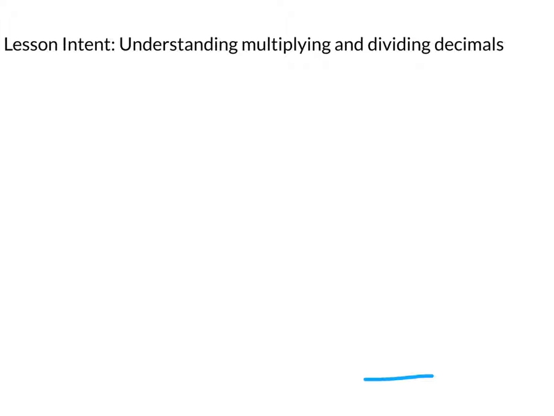Okay, so now we're going to move on to dividing decimals. So let's start with a problem of 26 divided by 2.5. Okay. So how we would write this would be 2.5 dividing 26. But we need to get rid of this decimal point.